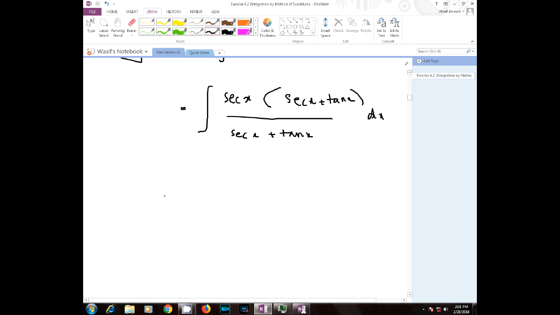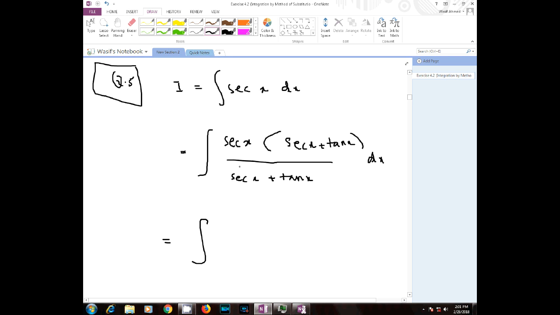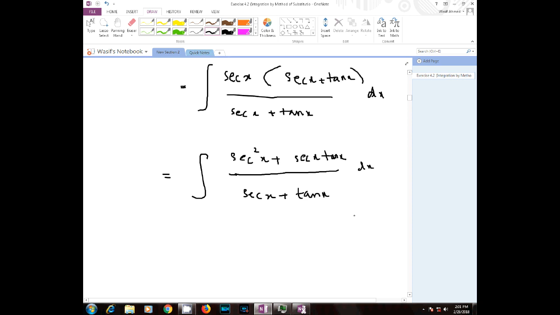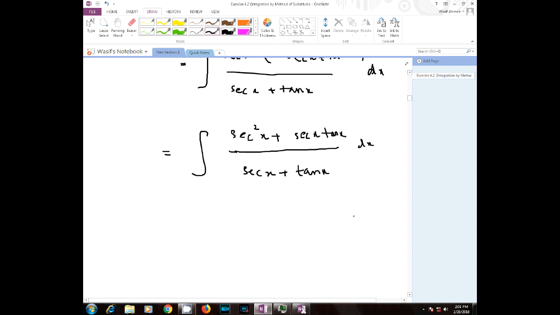Why is it done? This can be understood in this step. Apply the distributive law in the numerator, you will get secant square x plus secant x tan x. The denominator has to be as it is, secant x plus tan x, dx.